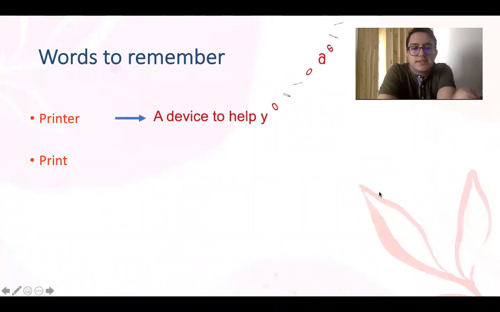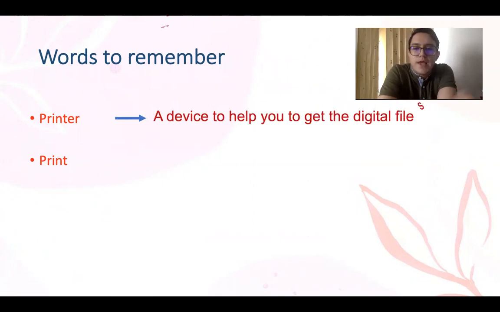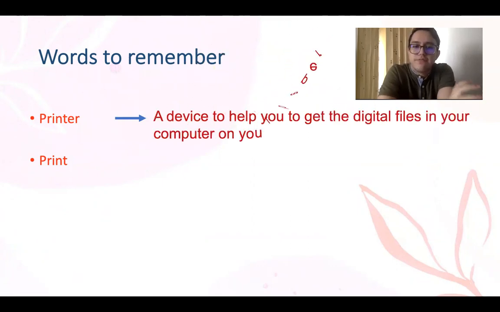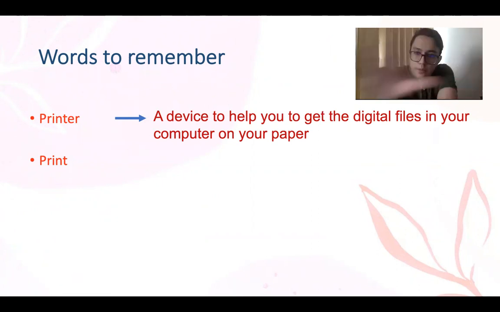So what is a printer? A printer is a device to help you get the digital files in your computer onto your paper. So it's the device that helps you bring it from your computer screen onto your paper.